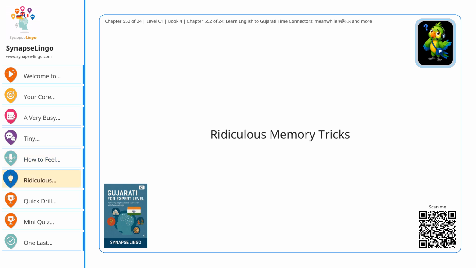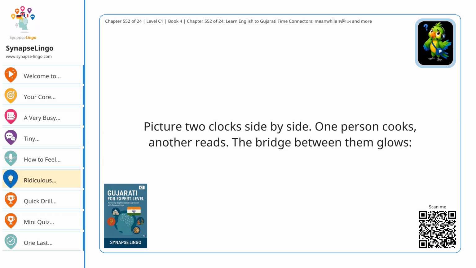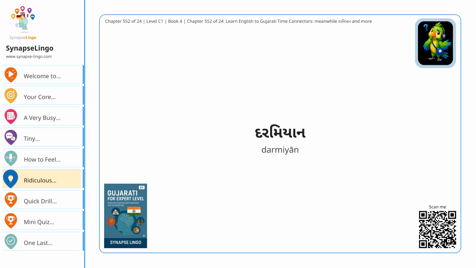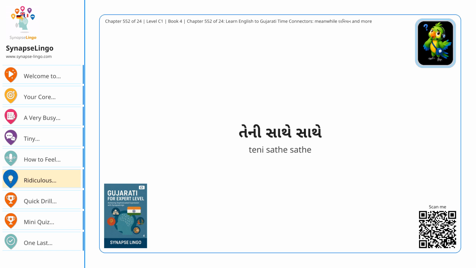Ridiculous memory tricks. Serious grammar is useful, but weird memory pictures are sticky. Let's make these words unforgettable in the strangest legal way. Picture 2 clocks side by side. One person cooks, another reads. The bridge between them glows. દરમિયાન. Imagine 2 railway tracks running next to each other with a giant sign. તેની સાથે સાથે.